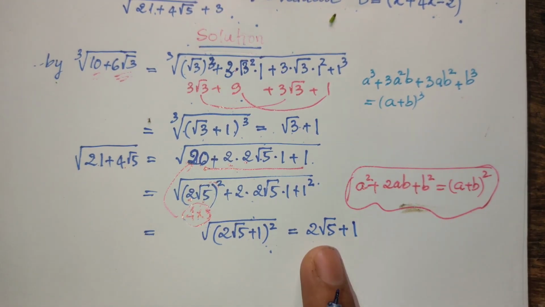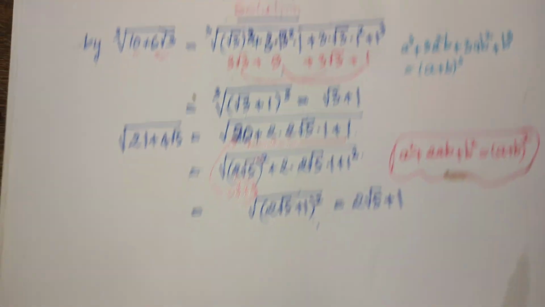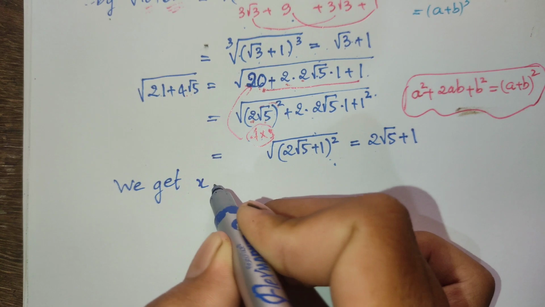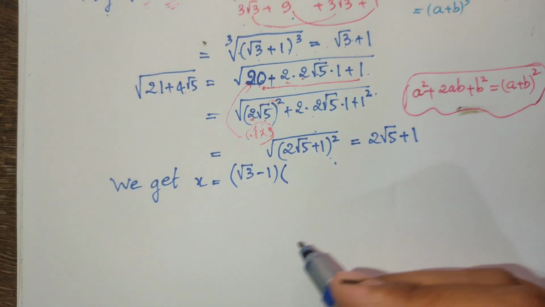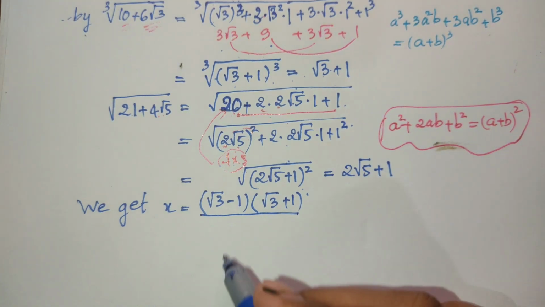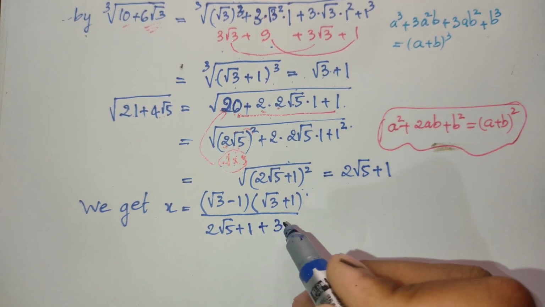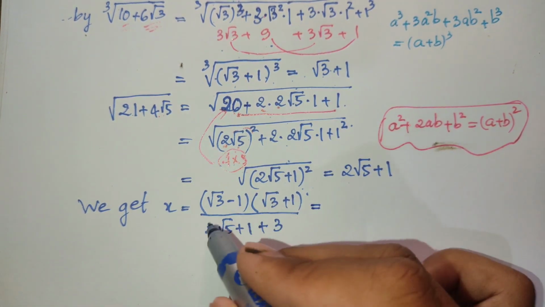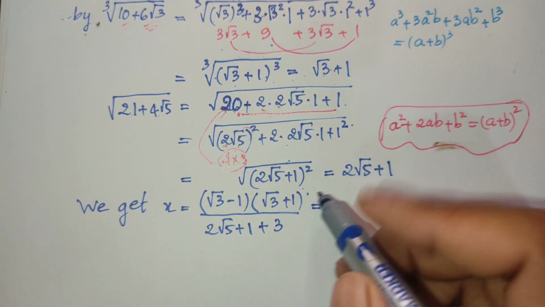Okay, now we take this and replace it in this expression, which I call x, and now we get x equal to (square root 3 minus 1) multiplied by (square root 3 plus 1), divided by (2 square root 5 plus 2), plus 3. And now we use the rule that (a minus b) multiplied by (a plus b) equals a squared minus b squared.